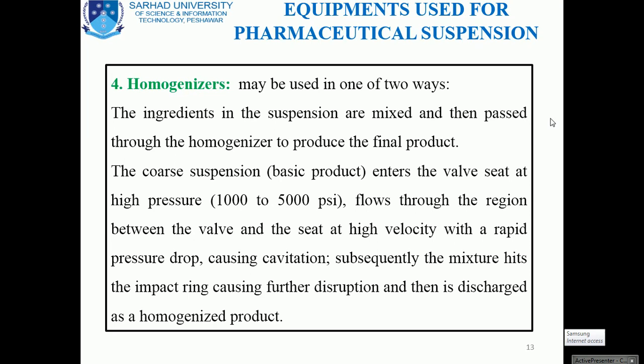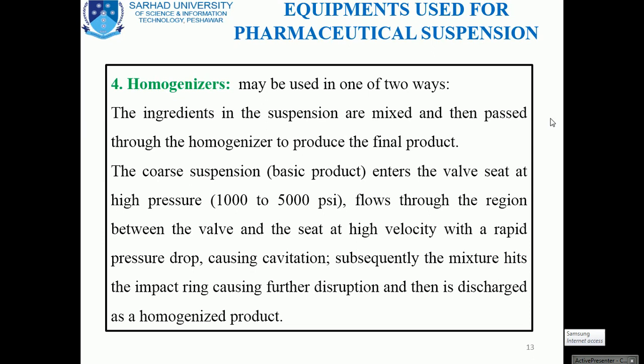In the pharmaceutical emulsion, the pressure developed was 500 to 5000 psi. In the case of coarse suspension, the high pressure generated is in the range of 1000 to 5000 psi.